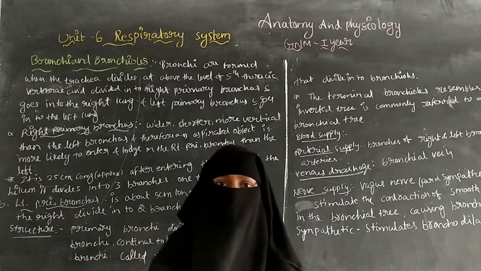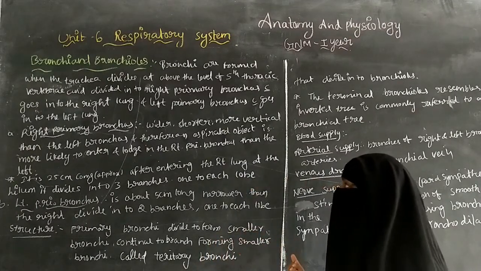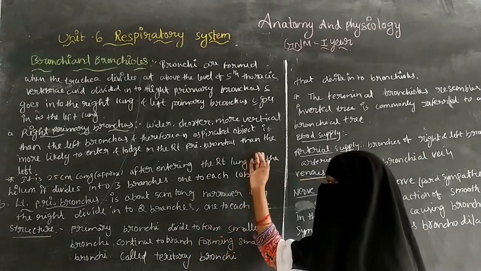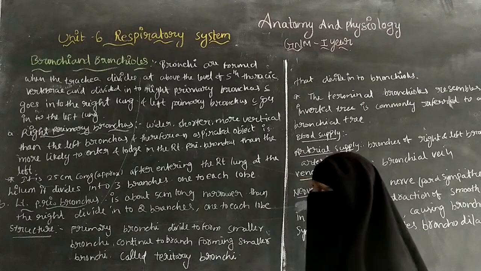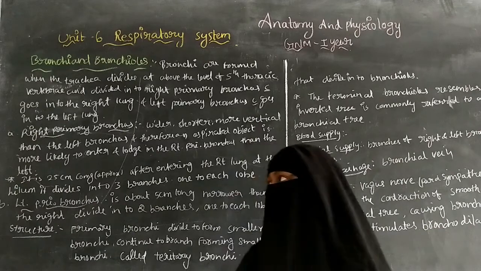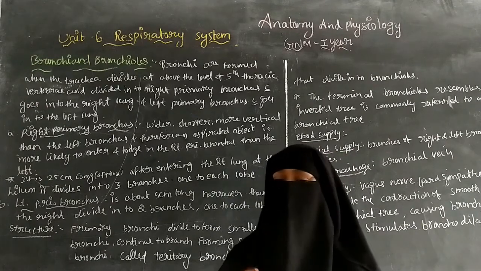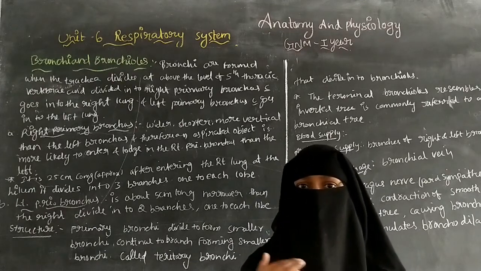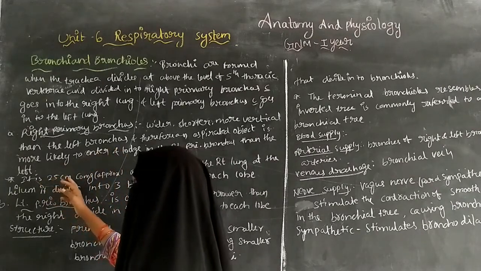When compared with the left primary bronchus, the right primary bronchus is wider, shorter and more vertical, so an aspirated object is more likely to enter it.